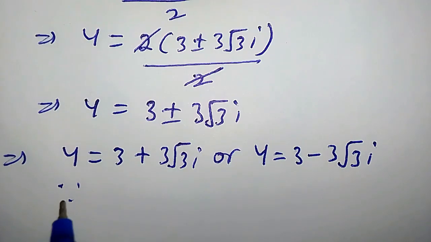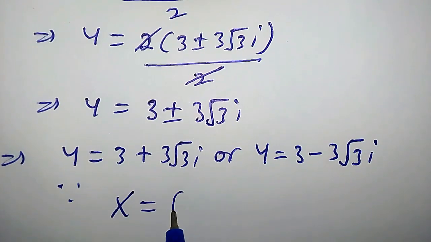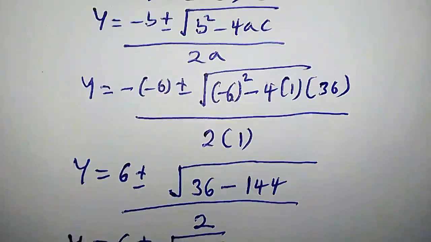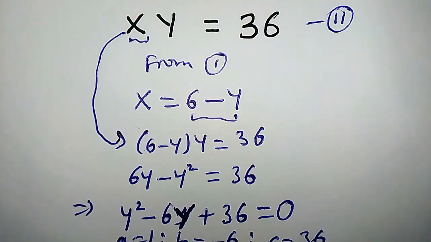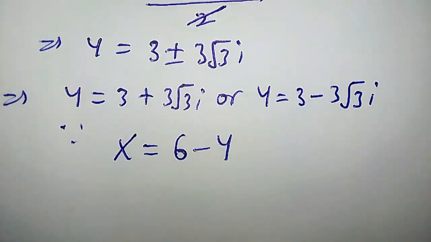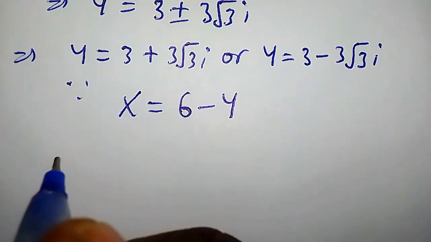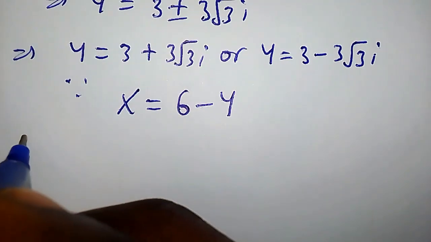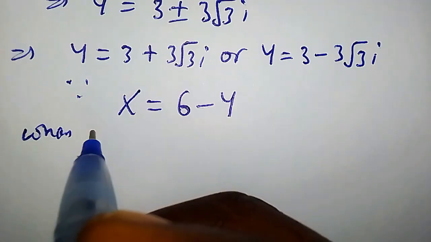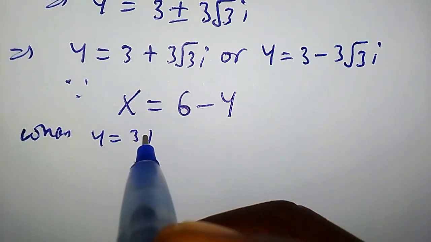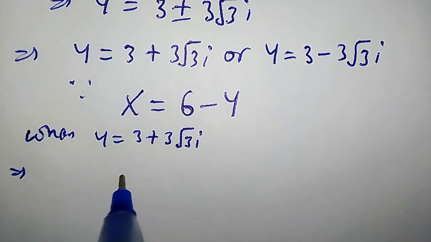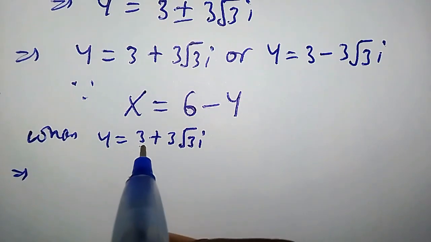So since x is equal to 6 minus y, let me show you where we got this from. It's from this line. So let's continue. We will now consider each value of y. Considering this one first, when y is equal to 3 plus 3 root 3i, in place of y we have to plug in this value.